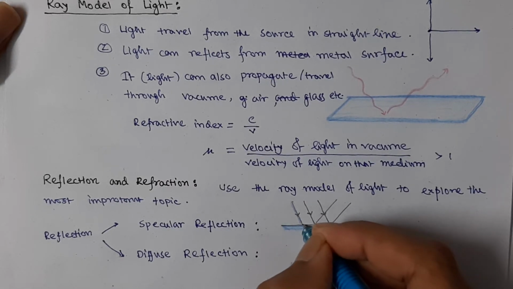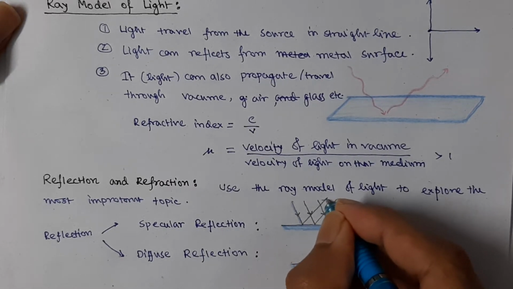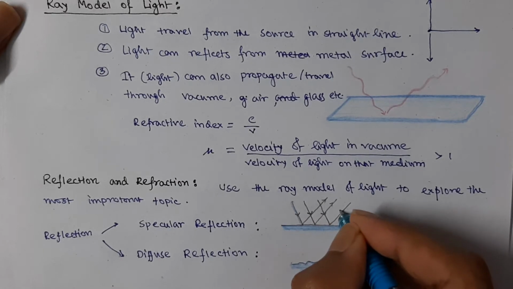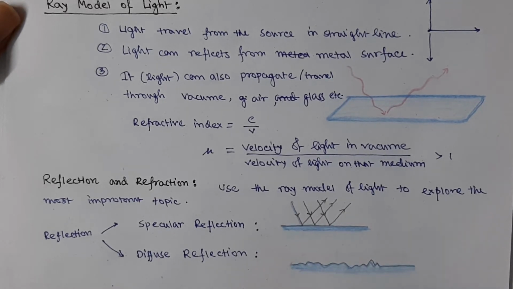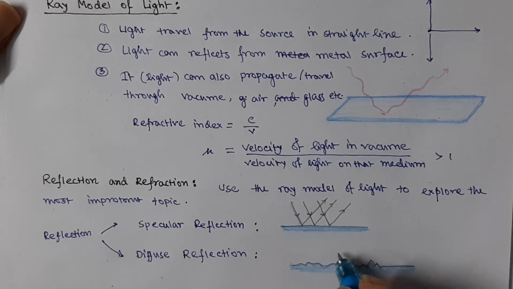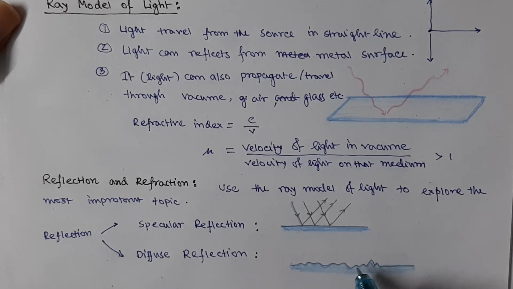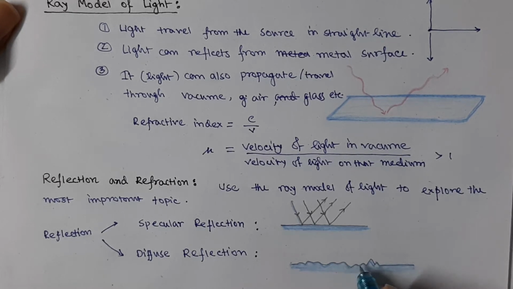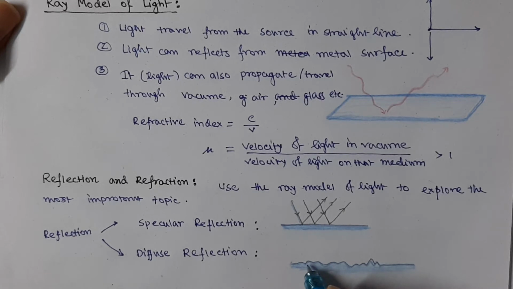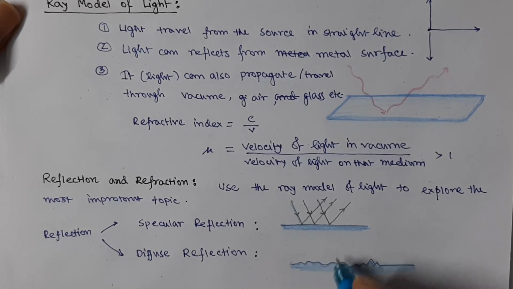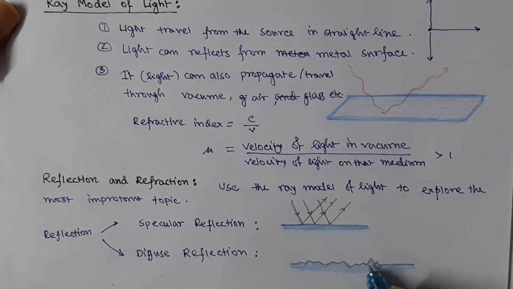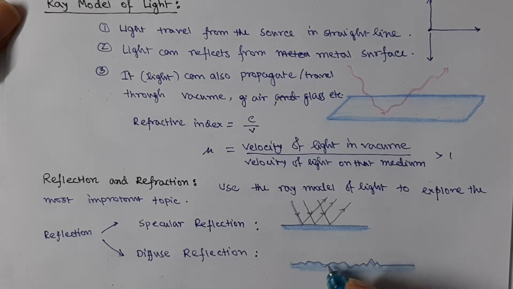And it also holds the properties of reflection, which we discuss later. But at the macroscopic level, it seems to violate the properties, because at the microscopic level there are many planes which are not smooth, and every plane is curved or at a different angle.